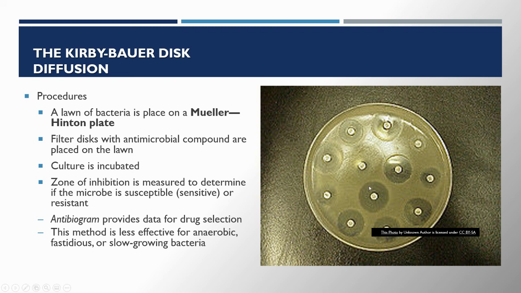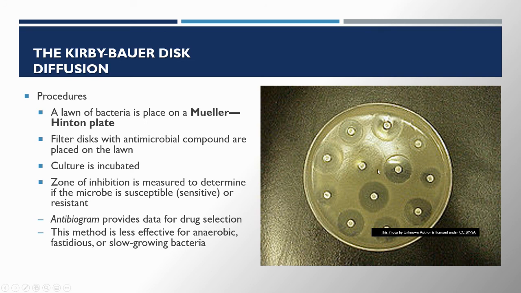The zone of inhibition and the size of the zone of inhibition indicate if the organism is susceptible. So here, whatever this drug is, the organism that I inoculated this plate with is susceptible to it. Here, the organism's resistant. I interpret by measuring how effective this is.